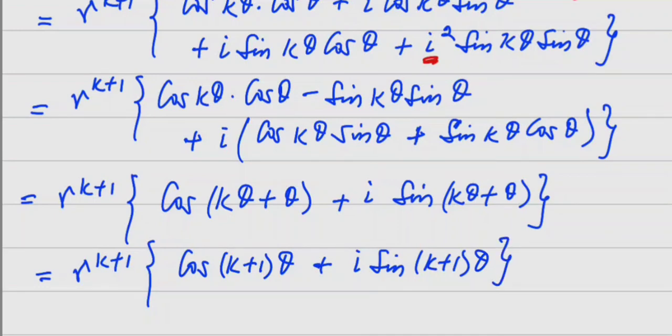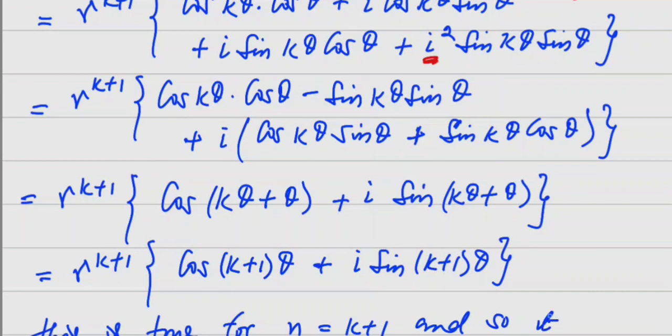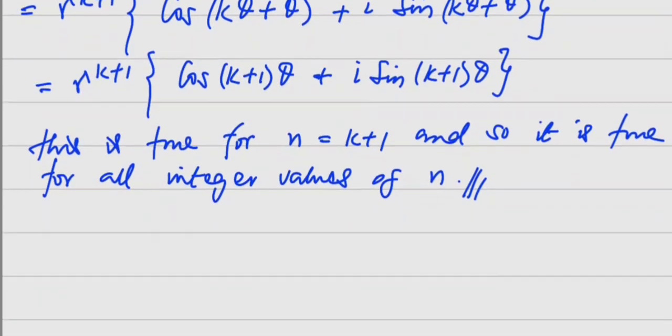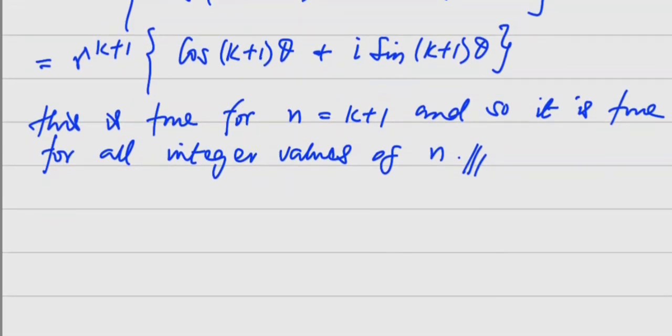So this is true for n equals k plus 1, and so it is true for all integer values of n. So that is the end of the proof of the Moivre theorem.